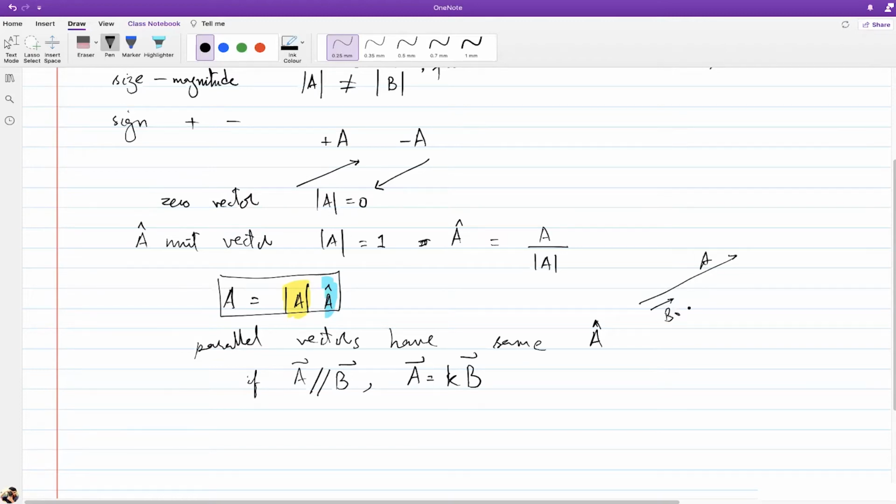So I can say कि अगर b की length है 2 और a की length है 10, so I can say that because they're the parallel vectors, a is 5 times b or b is 1 by 5 times a. सही है ना? So basically any vector that is parallel, you can show them as a relation which is a equals to kb. और ये रिलेशन बहुत फायदे का है क्योंकि it allows us to find other vectors just given कि उनका यूनिट वेक्टर सेम है. ठीक है, तो as long as they're parallel you can use this.